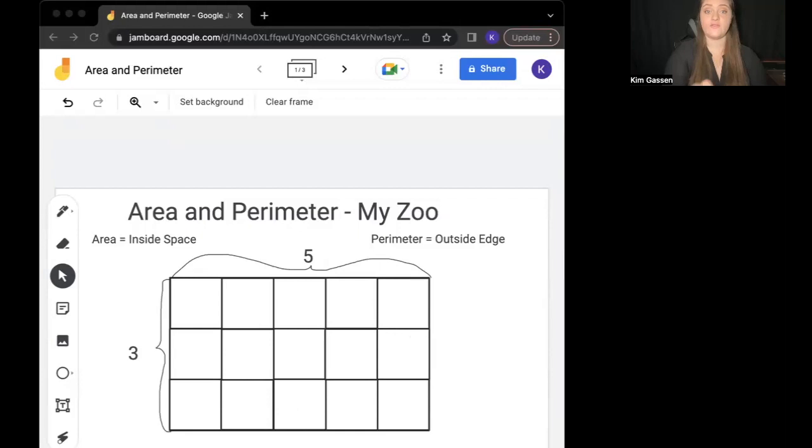I can fit 15 enclosures, but I don't have to count all of them. I can just multiply the 3 on this side by the 5 on this side and get 15.